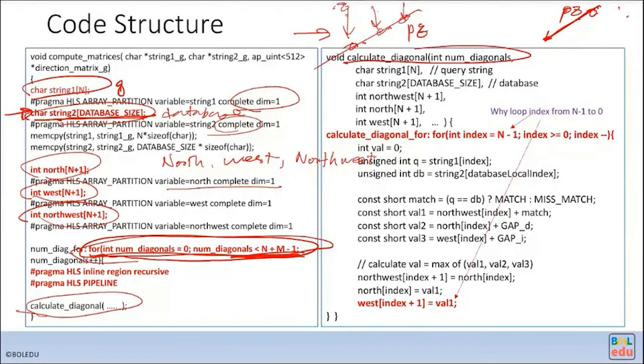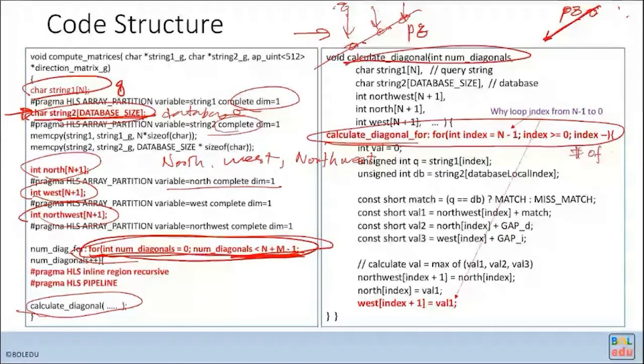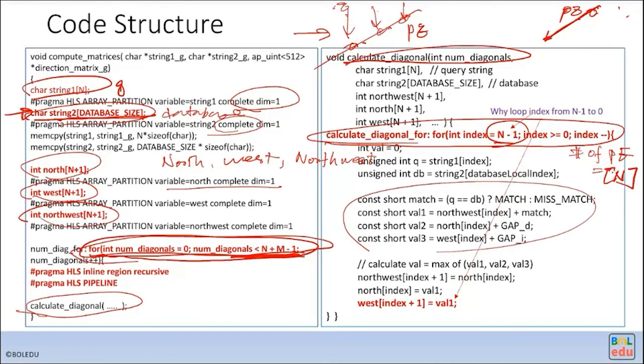In calculate diagonal you have a for loop. This for loop represents the number of PEs, and right now the number of PEs equals the query size n. Inside, you simply write down the equation.